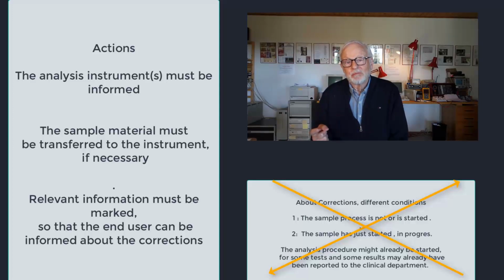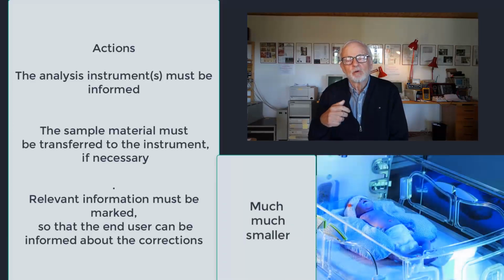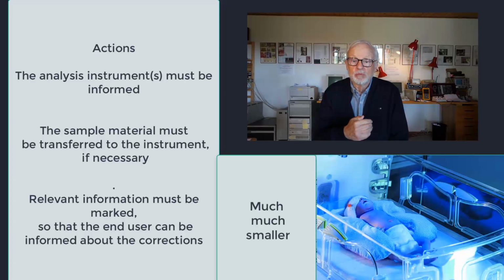The children might be smaller than this one, so it will be appropriate to make the analysis on the sample you already have, and that is also much more economical.